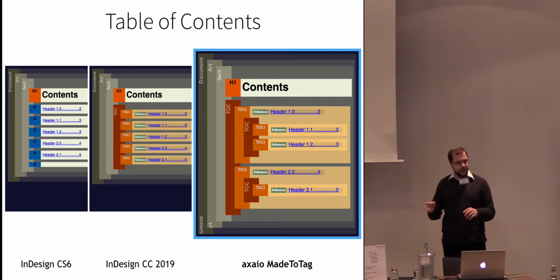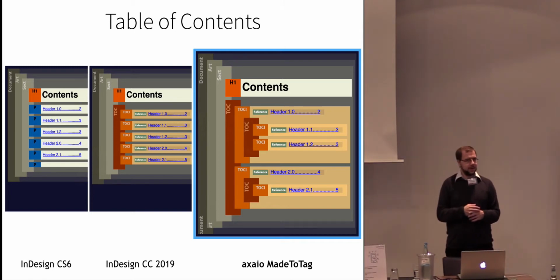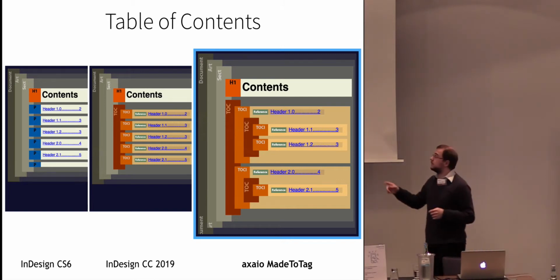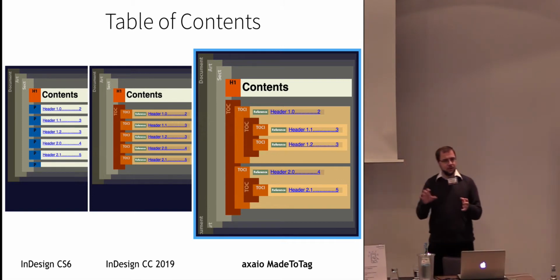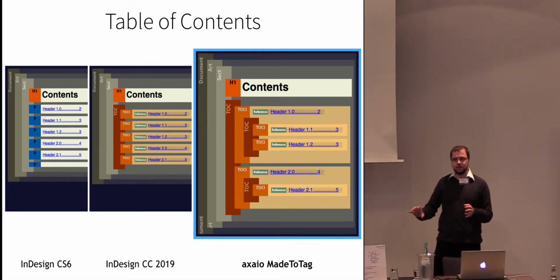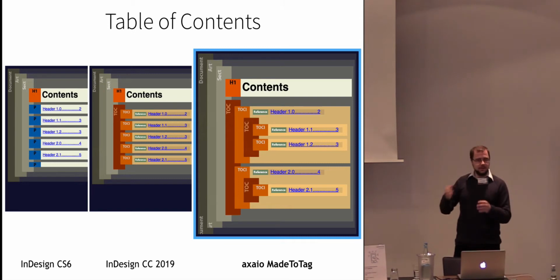In InDesign CC 2014 or so, up to InDesign CC 2019, you will have an actual table of contents, but it's just a plain table of contents, so you have no real structure in that. Every heading is the same level in InDesign.